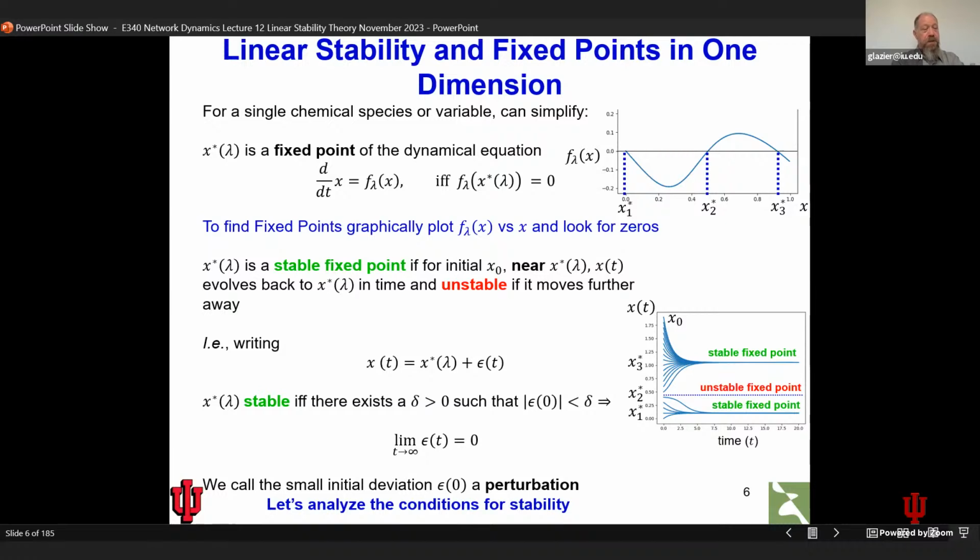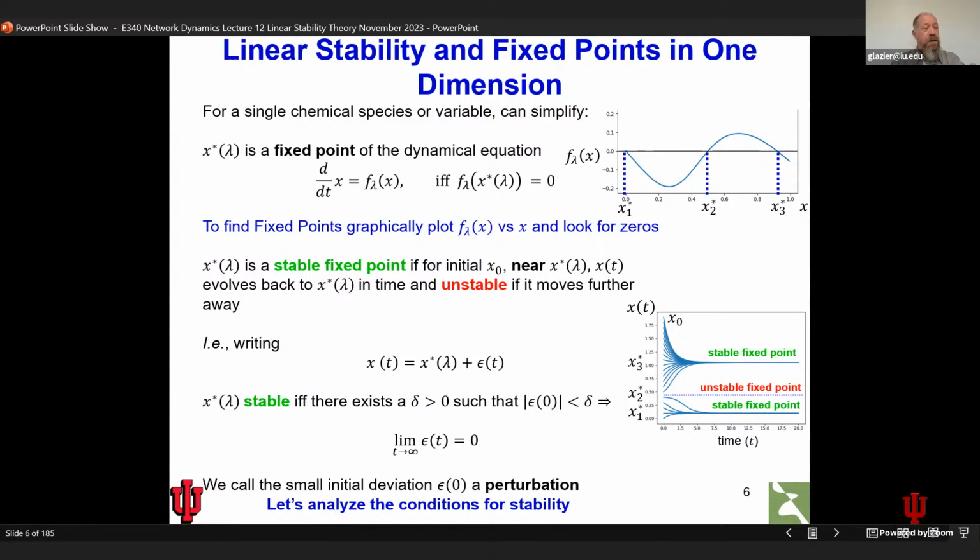And so the example, and this is actually from the class that we've done, here I've got time series, and I see that if I start out with values of x between 0 and about 0.45, they decrease and come to a steady state value, about 0.1. So that 0.1 is clearly a stable fixed point. For values between 0.5 and any larger number, 2, they come down and reach a value of about 1. So that's also a stable fixed point.